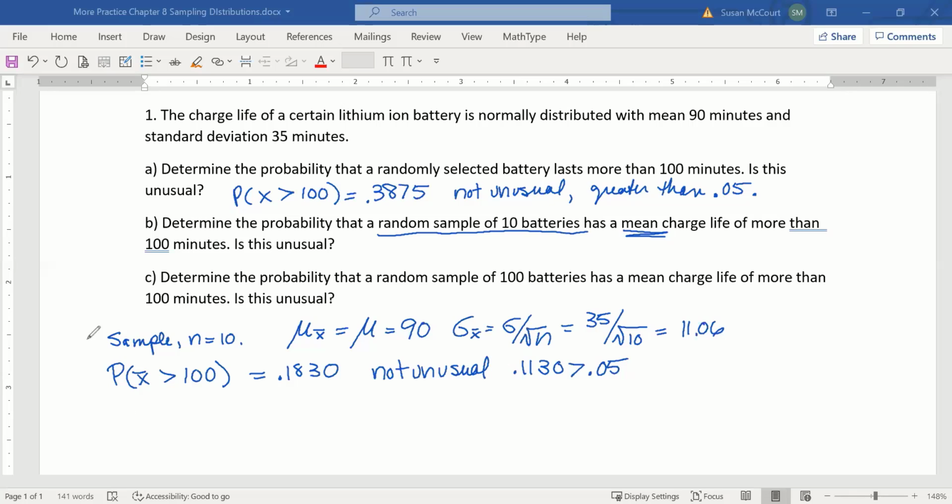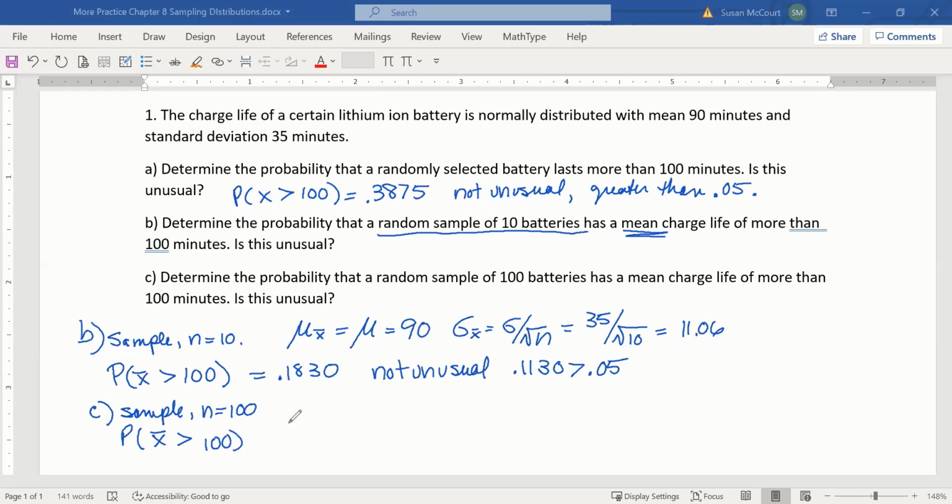Okay, and then for C, so that was B. For C now, we have determine the probability that a random sample of 100 batteries has a mean charge life of more than 100 minutes. Is this unusual? So again, we're dealing with a sample, but now n is 100. And we're looking for the probability the sample mean X bar is greater than 100 minutes.